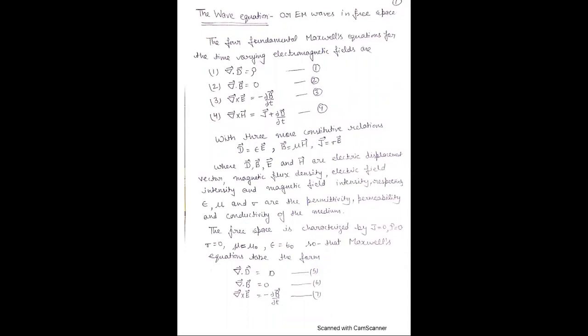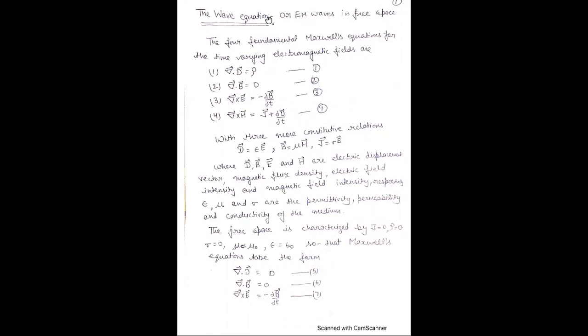Today I will discuss how electromagnetic waves propagate in free space, what the velocity of EM waves in free space is, and what the equation for EM waves is. Basically, this is known as the wave equation.